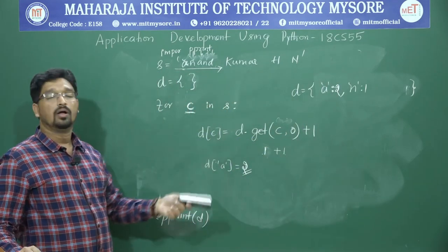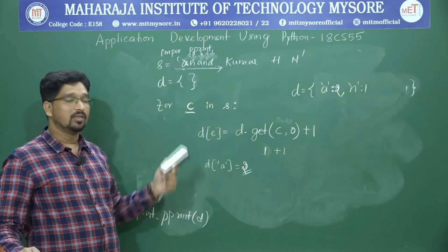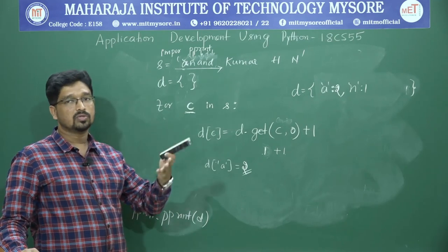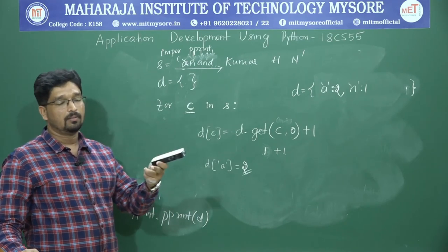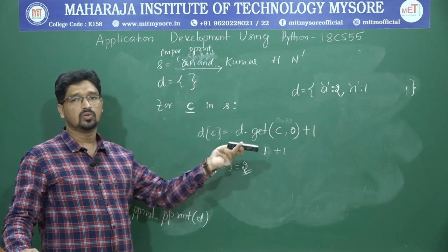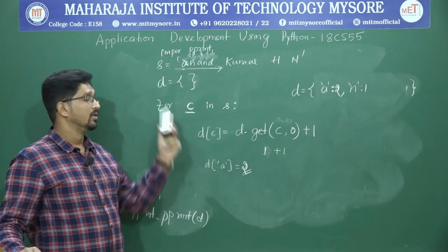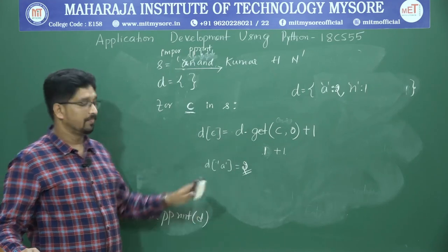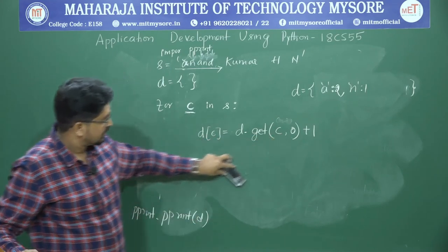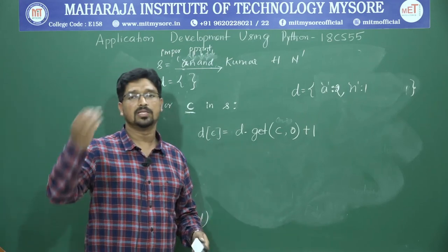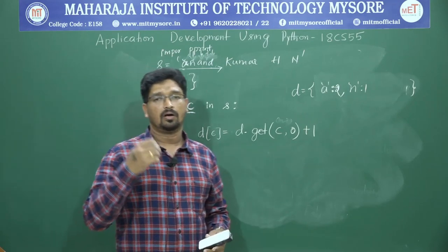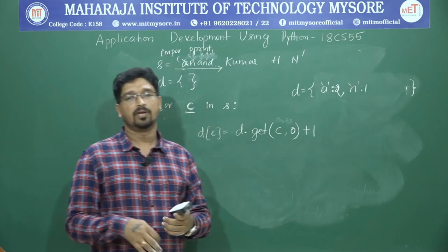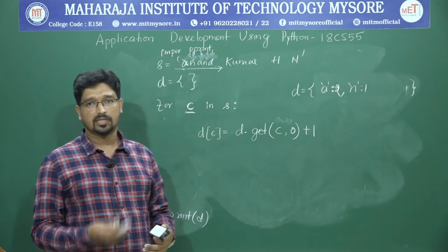So this is how you can write it in one more way. In the first program, we used only 2 statements, the set method as well as D of C is equal to D of C plus 1. Second, we used defined else. Next, we have used the get method. Only one statement. Correct? You can simplify the program based on the logic, based on the available methods.